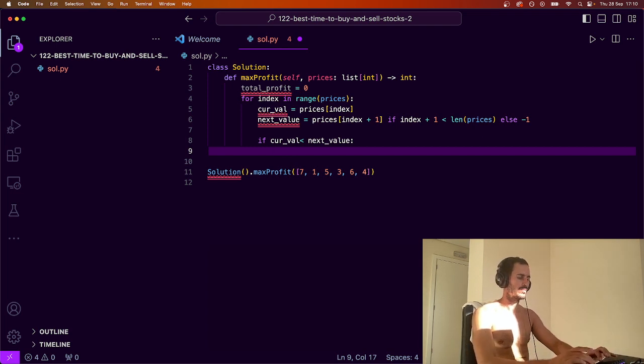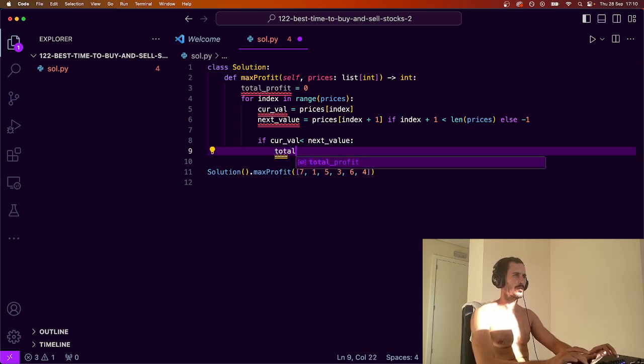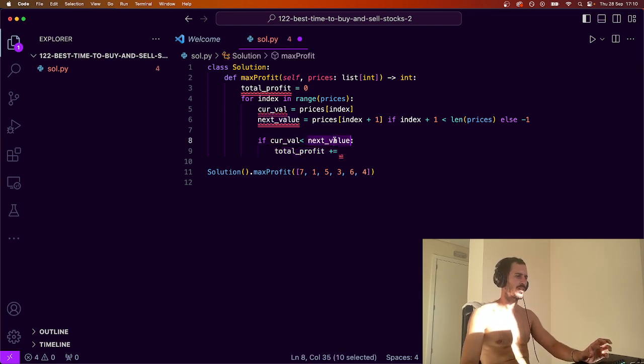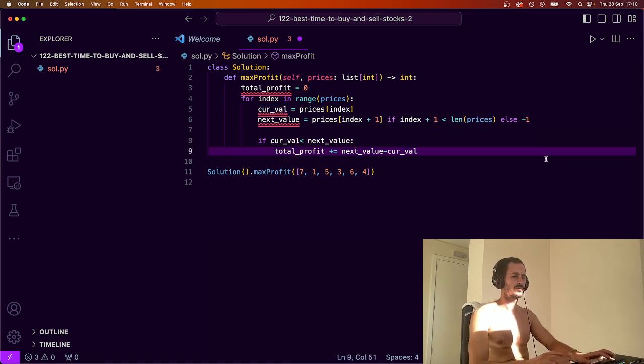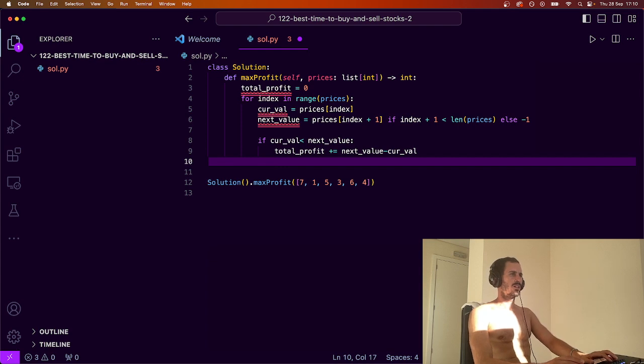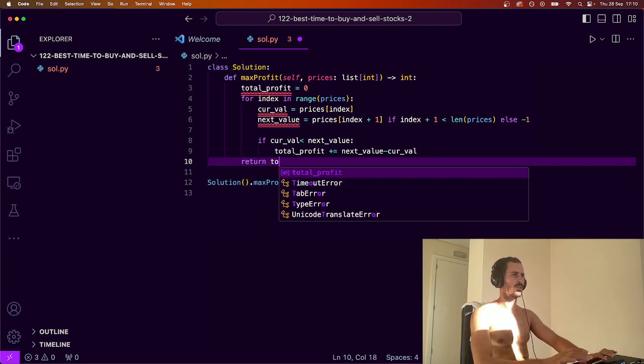So we just do a profit of total profit plus equals next value minus current value. That's it. Return total profit.